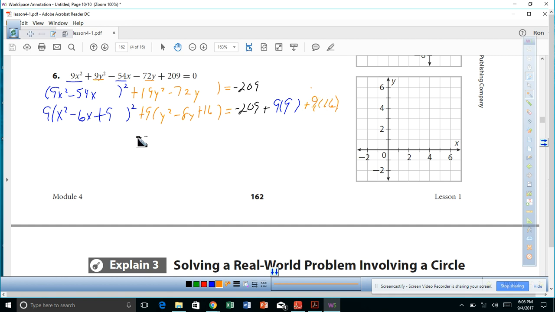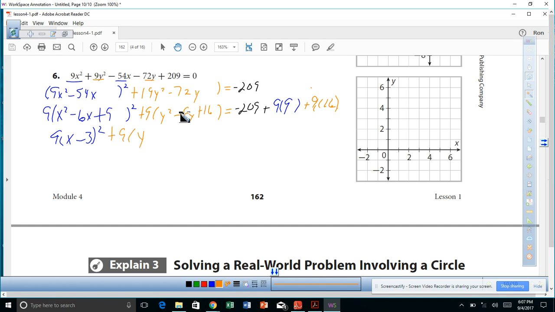Now we got all that done. So we've got 9, and then x, negative 6 divided by 2 is negative 3. So minus 3 squared plus, and then 9.